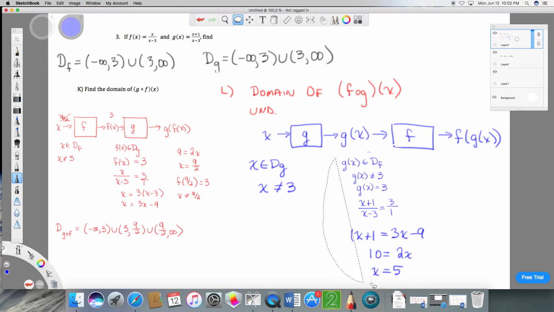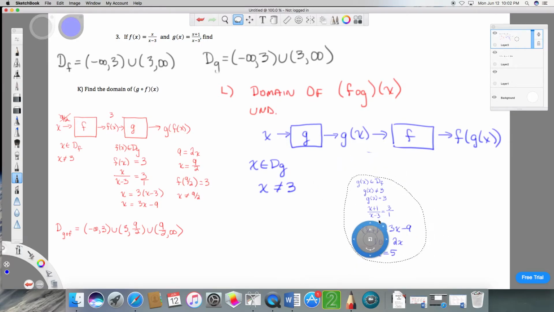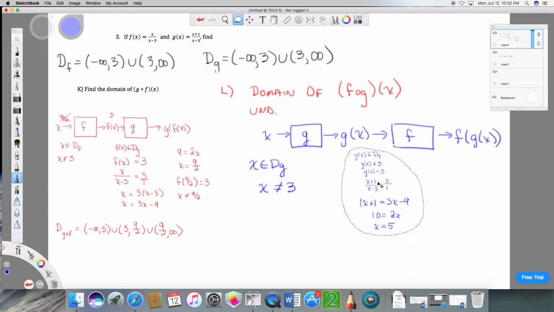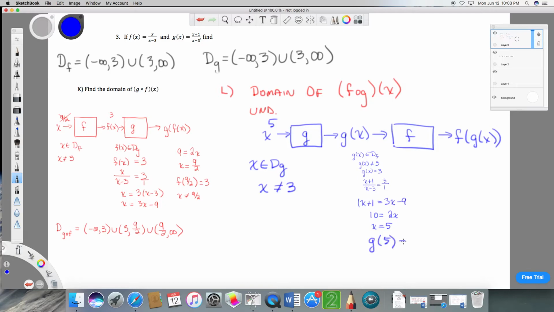Well, this tells us that if you allow 5 to be the input for g, the output will be 3. And when we allow 3 to be the input to f, we have an output that is undefined.